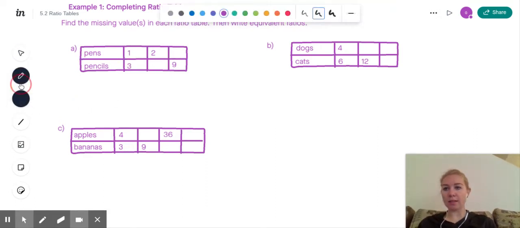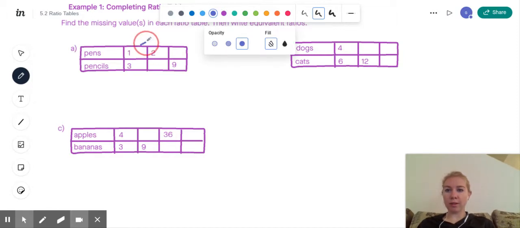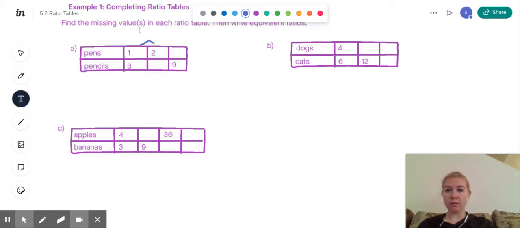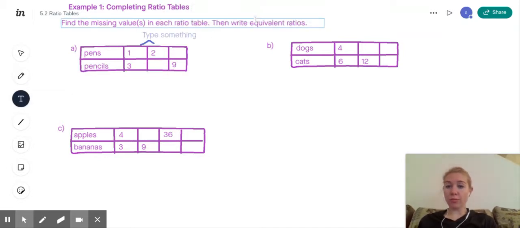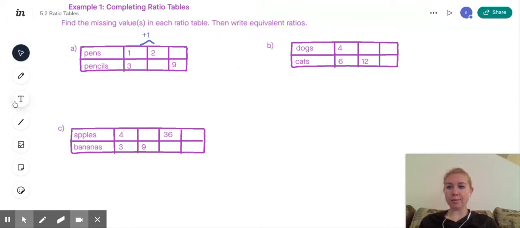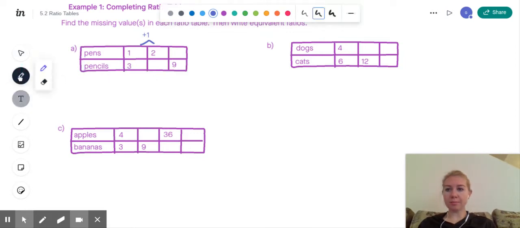So let's look at our pens here. Let's look at our 1 and our 2. What's happening between the 1 and the 2? Well, 1 plus 1 is 2, so we're adding 1 each time on top. On the bottom, for every 1 pen, there's 3 pencils.